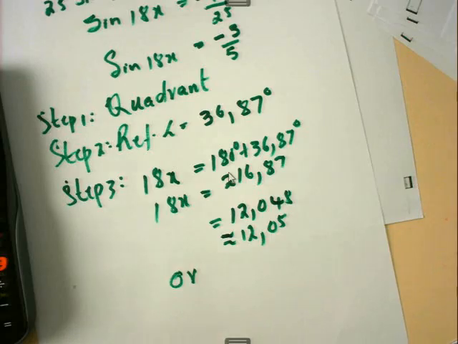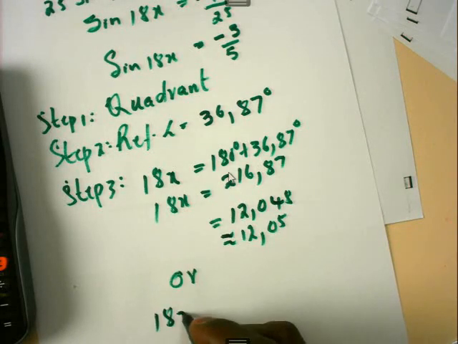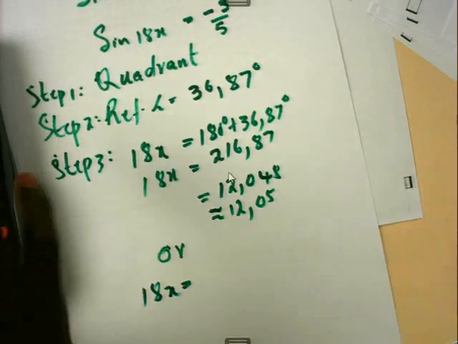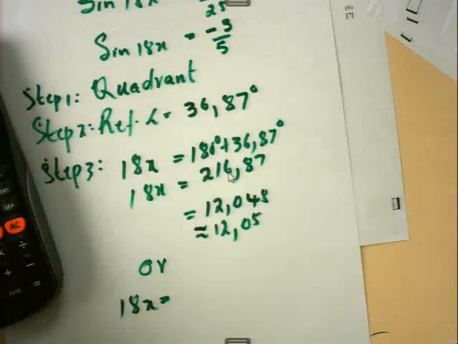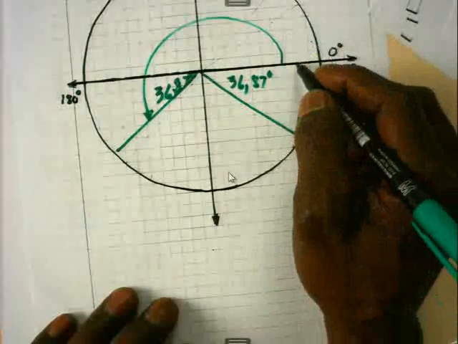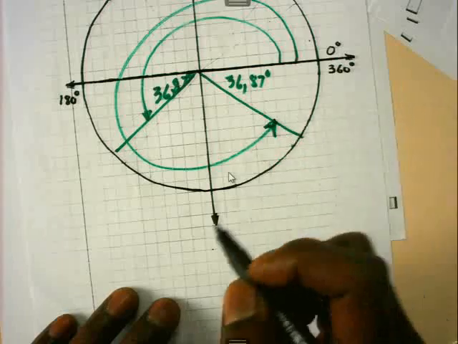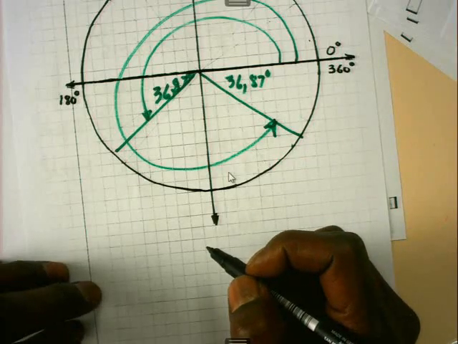the second solution for that previous problem. 18x will be equal to, we go back to our Cartesian plane, we start from the positive x-axis, we go there, and we are there. That must be our solution.